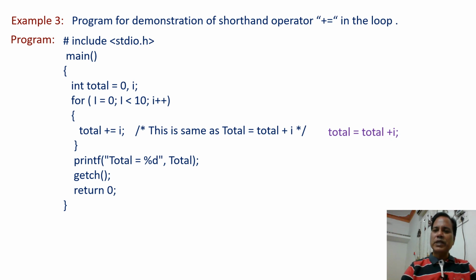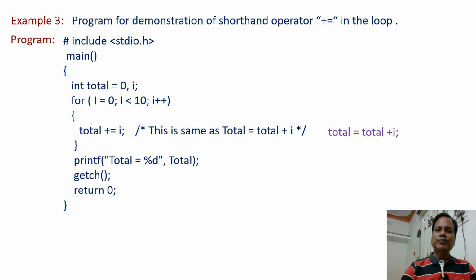So what is the initial value of total? That is 0, plus i. The value of i here is set as 0. So 0 plus 0 is added and it is assigned to the left side variable total. So the initial value during the first loop, the value of total is equal to 0.